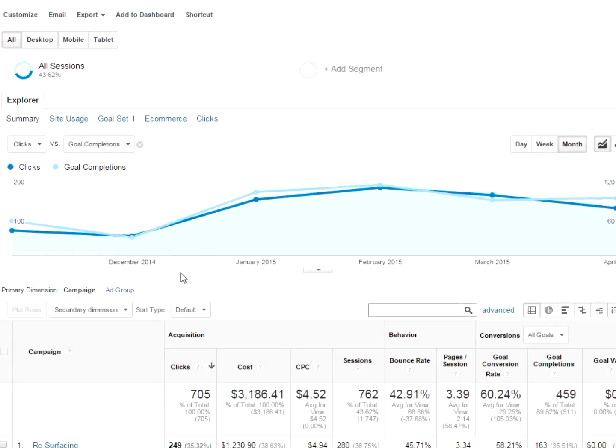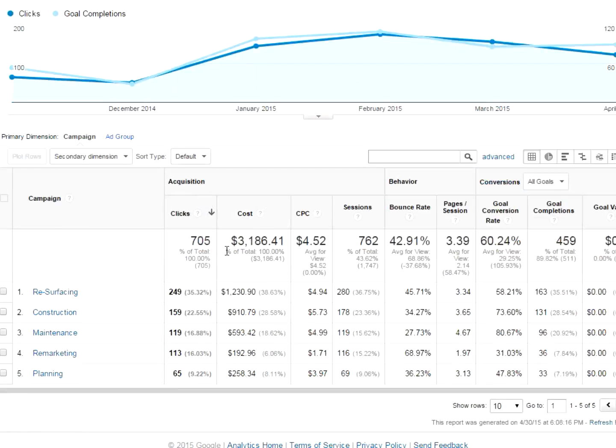So we can see that there's been a massive jump since the beginning of the year, and it's at 88 so far, which is more than last month. This is a great way of being able to visualize what's happening on the account. You can look at goal conversion rates, particular goals, and lots of other metrics, so highly advise using this.